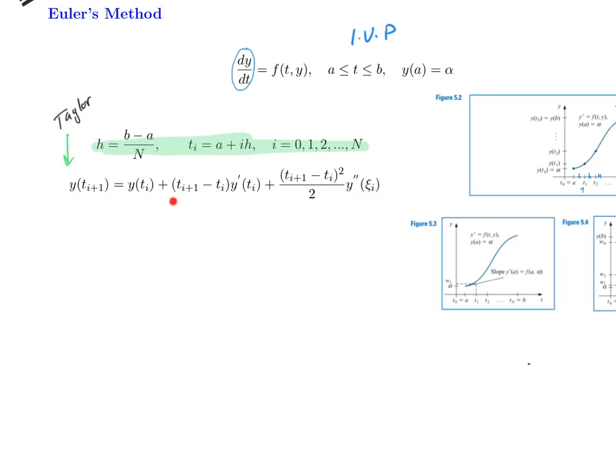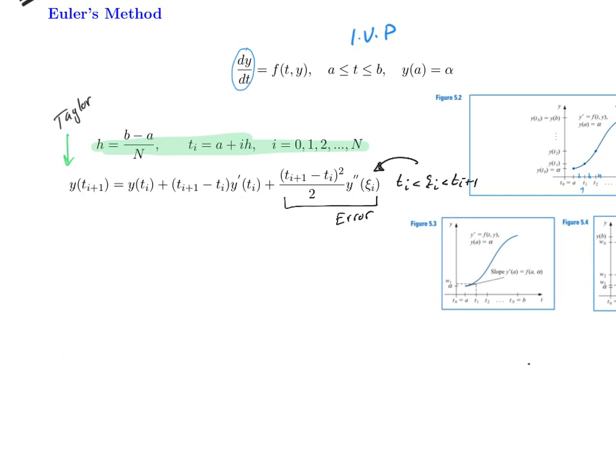So you can verify that this is nothing more than the Taylor expansion, which we have used multiple times. Remember here, t_i is less than c_i, and this is less than t_{i+1} for the second derivative. Also remember, this is what we consider the error.